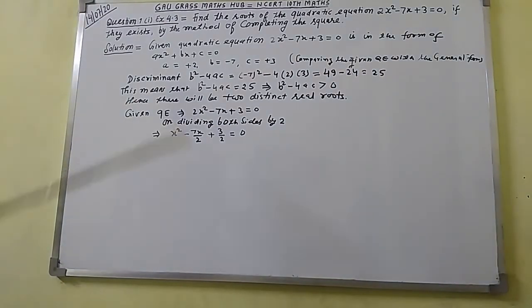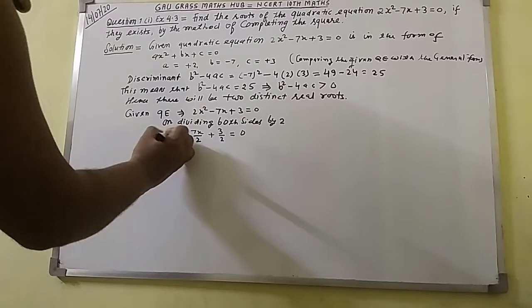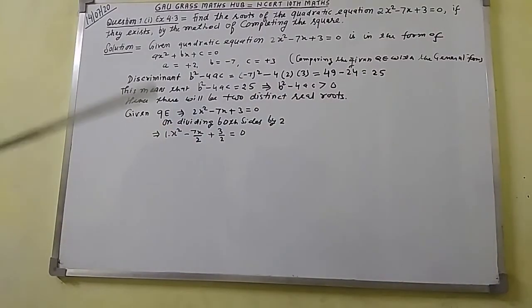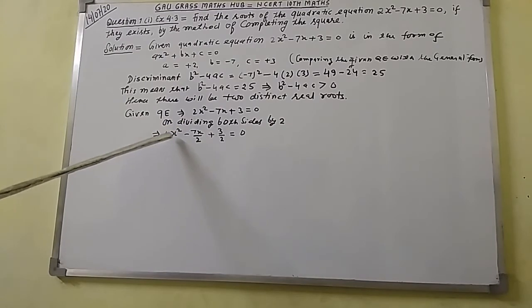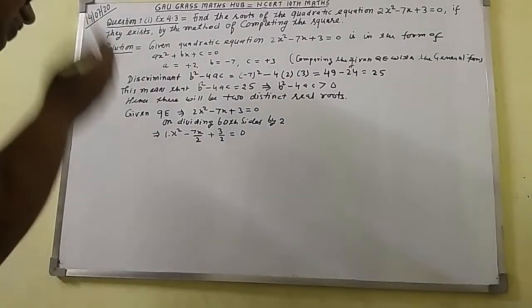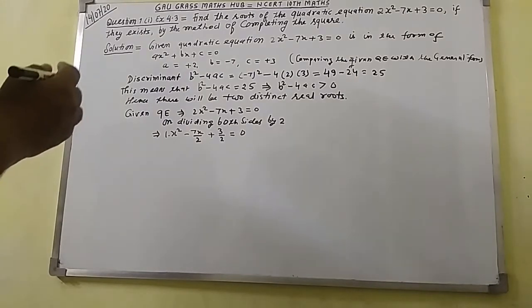Now here you have got coefficient of x square, that is plus 1. The basic idea is that you have to make the coefficient of x square as plus 1. So here you have got the coefficient of x square plus 1. Now what will we do further? Now here you can see coefficient of x is minus 7 by 2. So here I shall write, this is the method of completing the square.